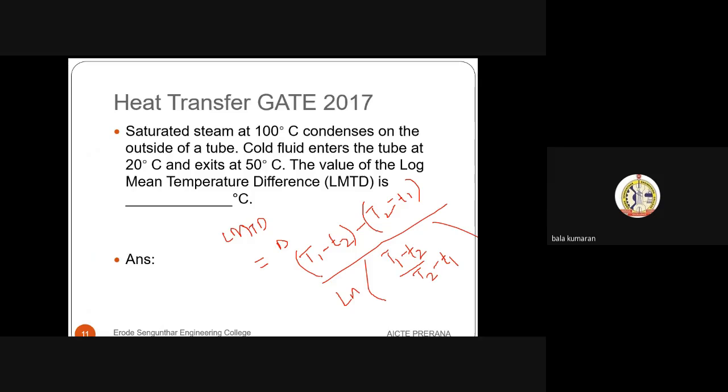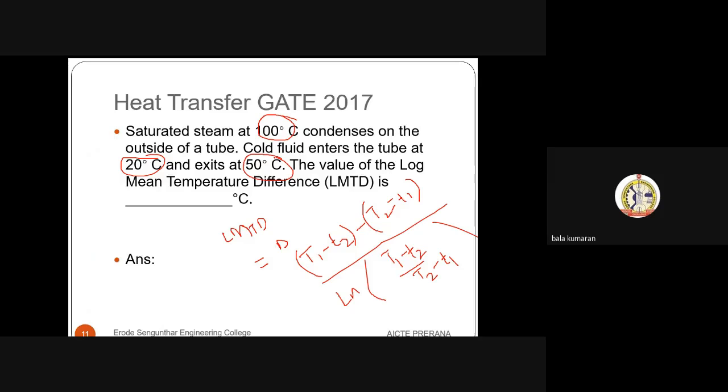If you take the values 100 degrees Celsius, 20 degrees Celsius and 50 degrees Celsius. Capital T1, T2 stand for the hot fluid, and small t1, t2 stand for the cold fluid.